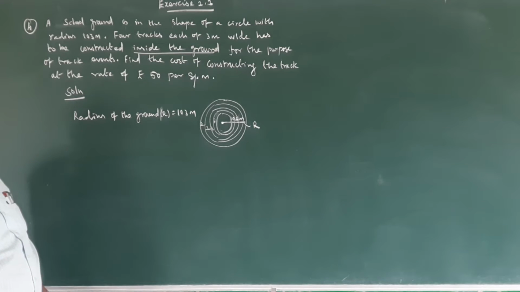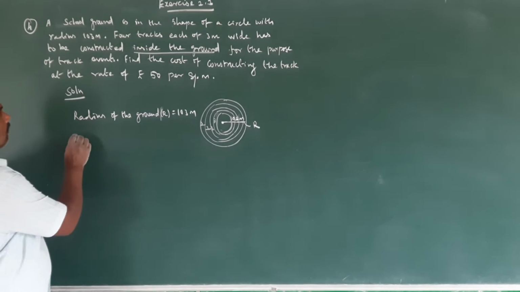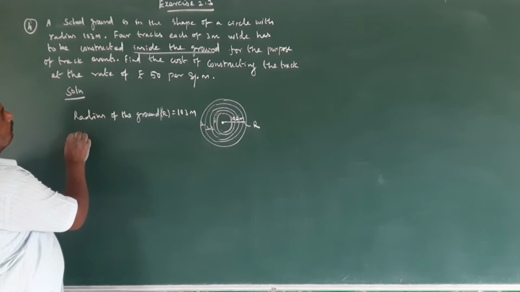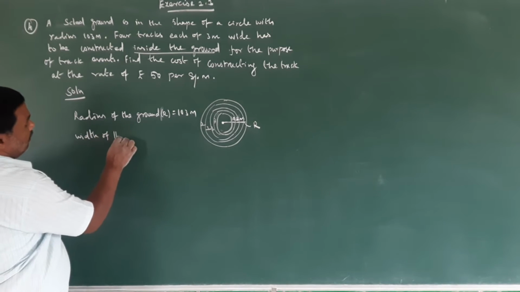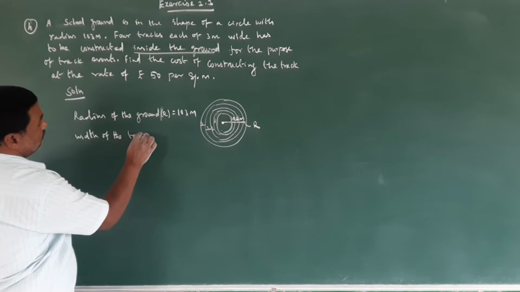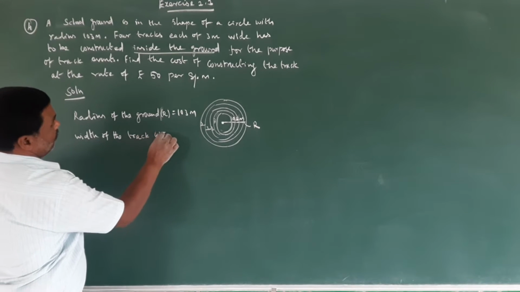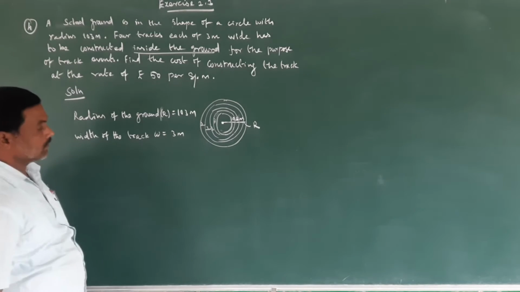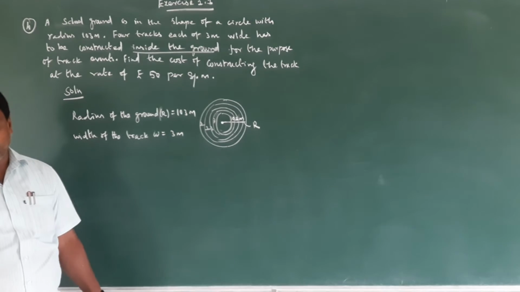Next, the width of the track, W equal to 3 meters. The width of the track W equal to 3 meters.